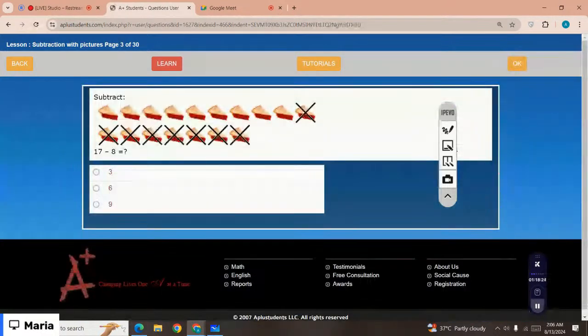Okay, the next one is 17 take away 8. So which is the correct option? The correct option is 9. 17 take away 8 is 9.